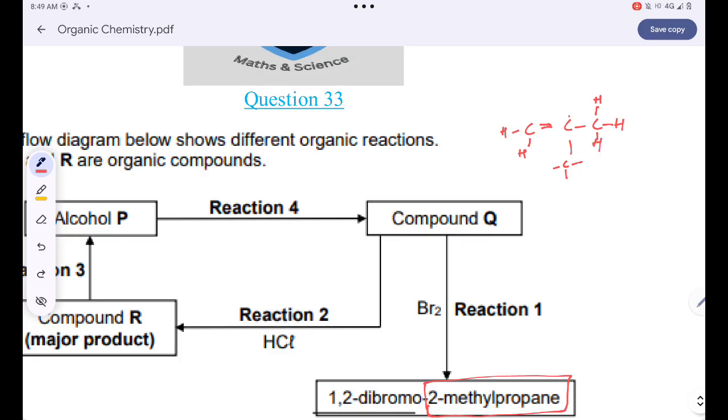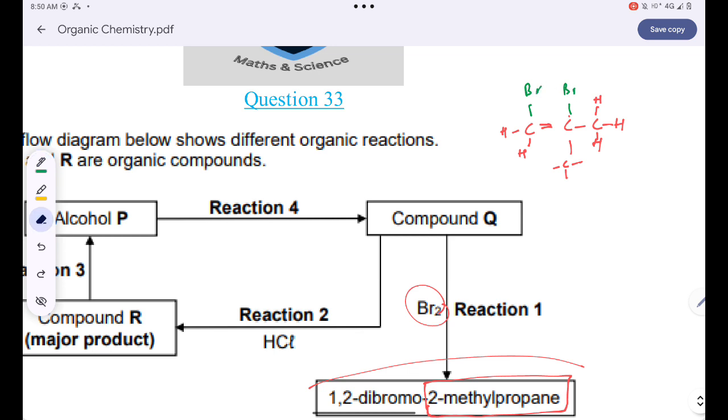Such that whenever we add this bromine water over there to form this compound, the double bond will have to separate, and then we will now have our 1,2-dibromo.